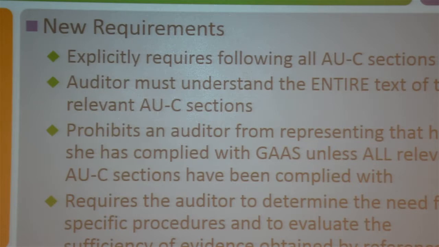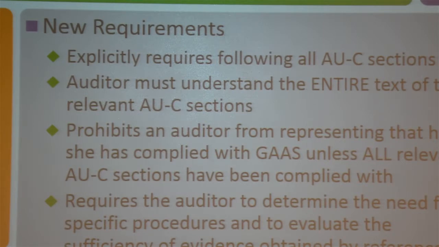He said, look, the AUC 200, the basis of the clarity standards, explicitly requires that auditors follow all AUC sections. And that they must understand the entire, and these, by the way, these are the AICPA slides. Kathy reformatted them into our template to keep them consistent, but I didn't write these.